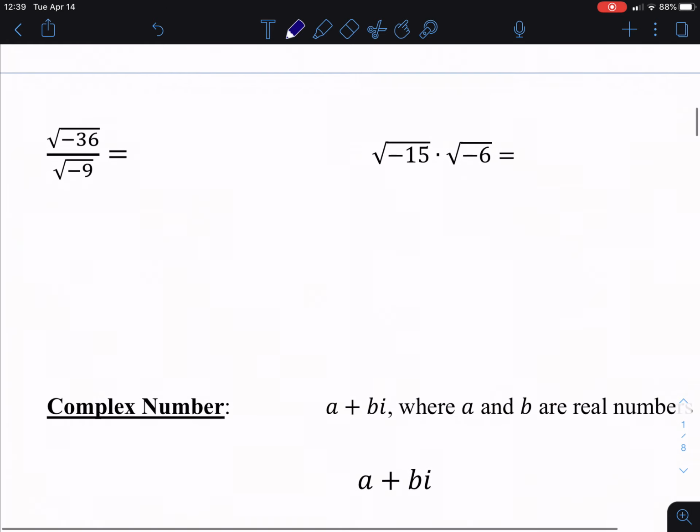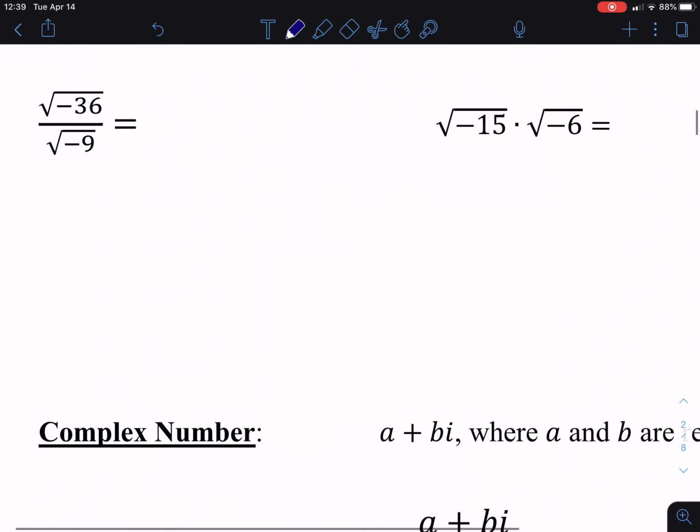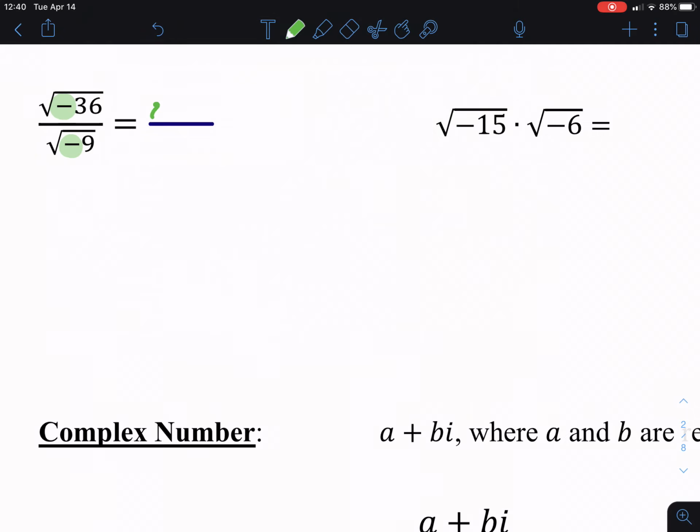Okay, so now when we take a look at this example here, the square root of negative 36 over the square root of negative 9. Again, the first thing I'm going to do is factor out that negative as an i. So I'm going to have an i on the top and an i on the bottom, and that's going to be multiplied by the square root of 36 over the square root of 9.